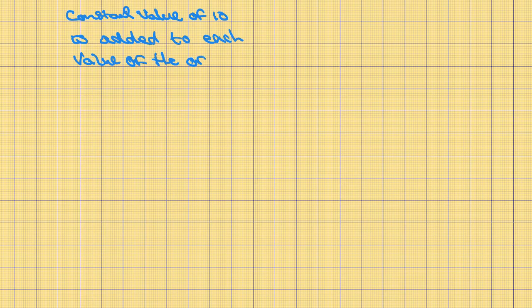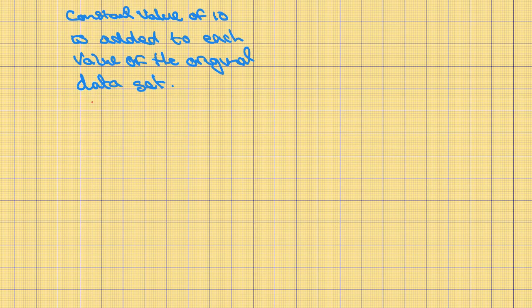So a typical IB question is to then say, what would happen if a constant value of, say, 10 is added to each value of the original data set. Well, let's take a look at the new data set.